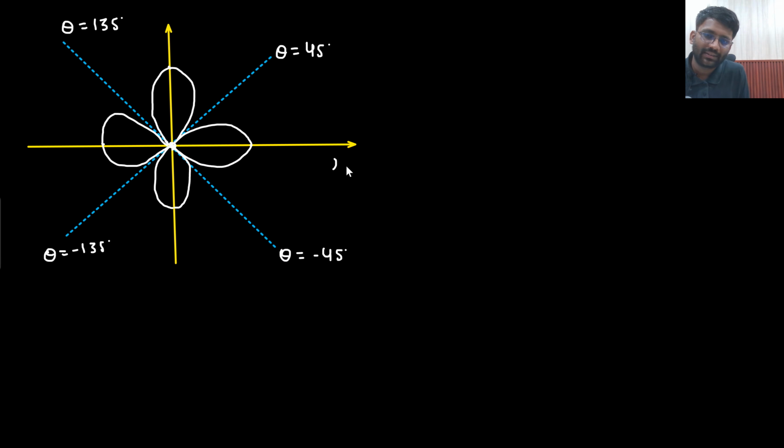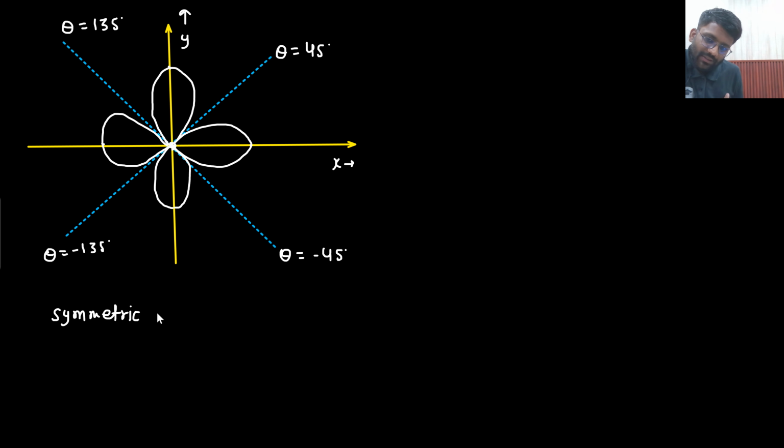This is your x-axis, this is your y-axis. Area and all also we can calculate, that also we will do. First, let's talk about it being symmetric about origin. What is the meaning of symmetric about origin?